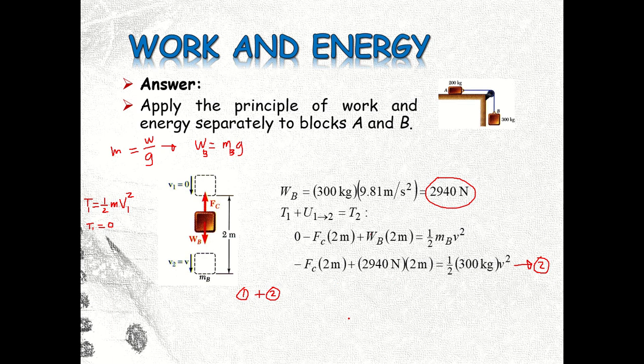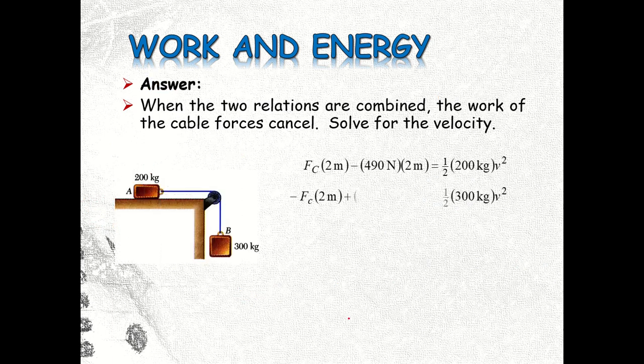So when you add 1 and 2, we have here adding, this is our equation 1, and this is our equation 2. So when you combine them, you add equation 1 plus equation 2.